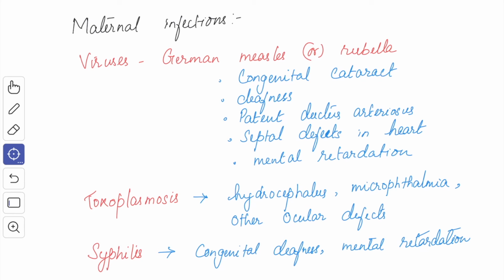Most of the above mentioned infections are associated with hyperthermia, which has recently been implicated as a teratogen. A parasitic infection of the expectant mother known as toxoplasmosis has been observed to affect the child, producing hydrocephalus, microphthalmia, and other ocular defects. Syphilis may cause congenital deafness and mental retardation of the offspring.